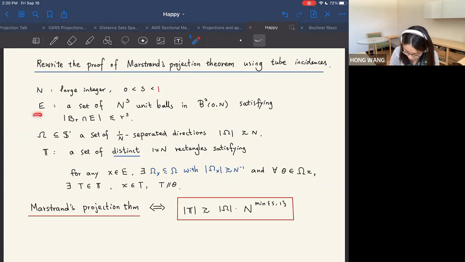So now let E be a set of n to the s many unit balls in a ball of radius n in R^2, satisfying that for any ball B_R, the number of unit balls of E in B_R is less than R to the s.